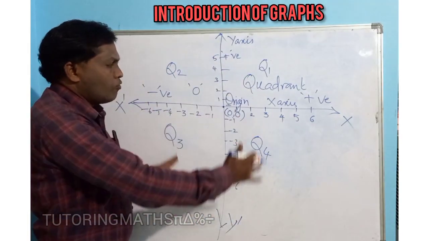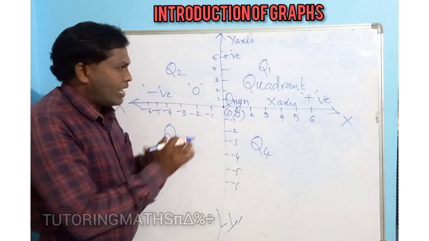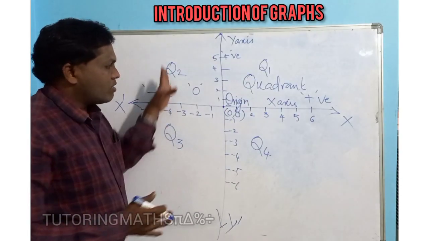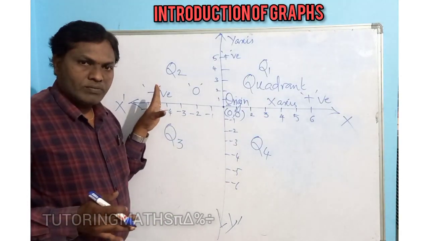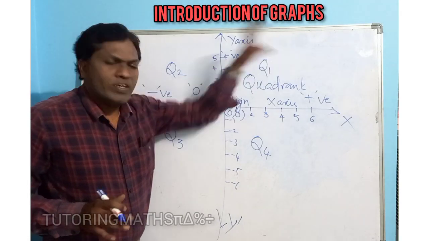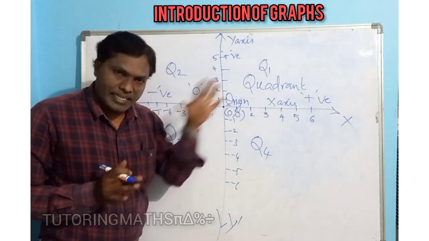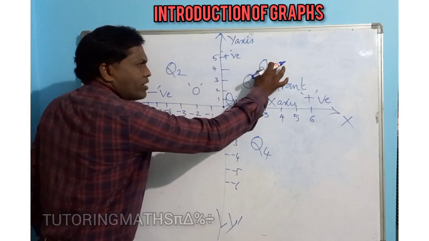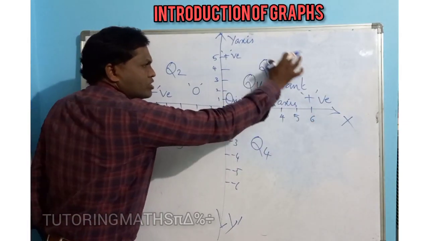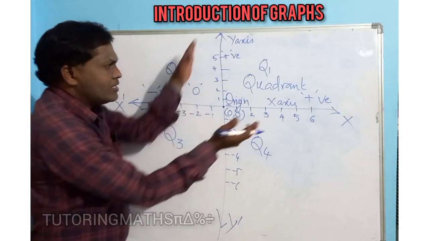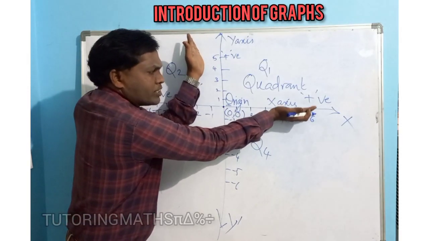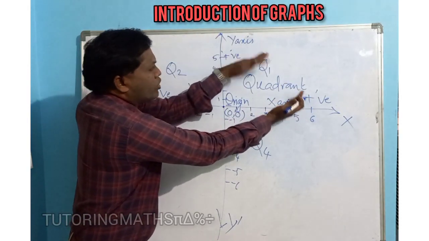So this is the form of a graph. Generally, a graph consists of all these values. Now, which type of values do we get in the first quadrant? Let us see. The first quadrant is formed by the combination of the positive x-axis and the positive y-axis.